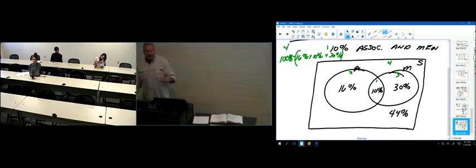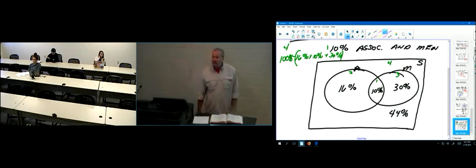I added all those ones together and I subtracted from 100. 30 and 10 and 16 gave me 56, from 100. There's one sure way to know that you got everything on here right. If you're doing it in terms of percentages, when you add all 4 of your regions together, they better add to 100%. Right? Because everybody in your sample space has to fall in one of those 4 regions.